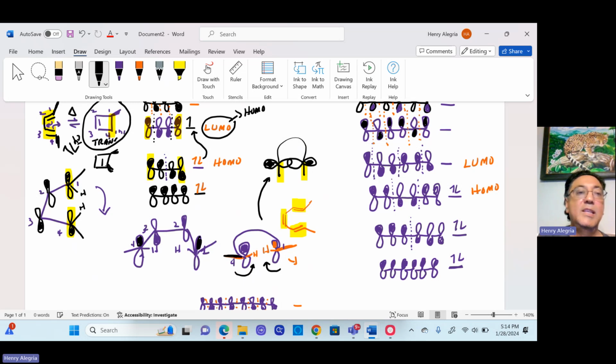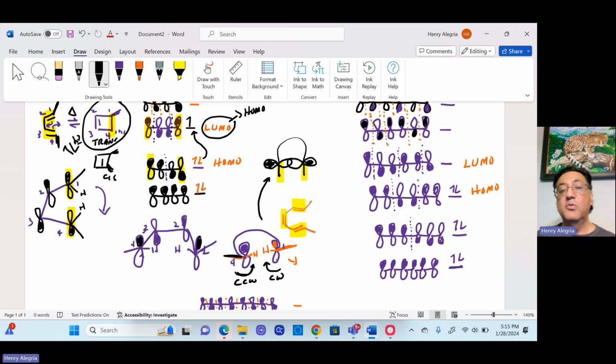But when I use light, I get the cis down here. And that is really how you have to think of this in terms of the Woodward-Hoffmann rules. Now, I rotated this one counterclockwise, and I rotated this one clockwise. So when I rotate them in the opposite direction, right?